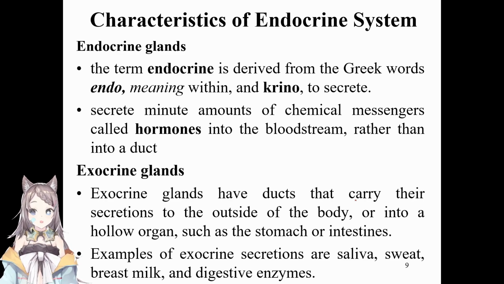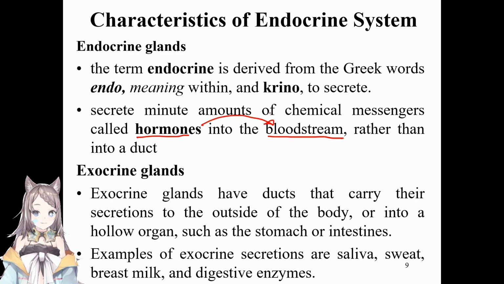Endocrine glands secrete minute amounts of chemical messengers called hormones into the bloodstream, meaning these hormones are actually maintained inside your body. As opposed to our exocrine glands, meaning outside, which secrete outside the body or into any hollow cavity like your stomach. A good example is your gastrin.